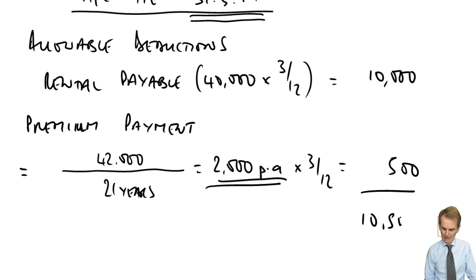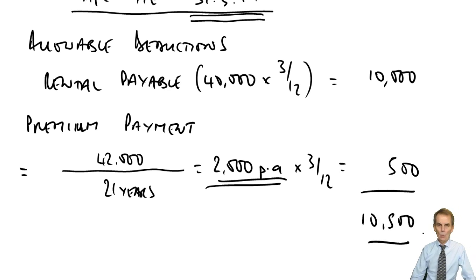So the total allowable deduction when working the trading profit for this lessee for his or her accounting year ended the 31st of March 19 is going to be £10,500. £10,000 of rental payable for that period and £500, therefore 3 months worth of what would be an annual trading profit deduction thereafter of £2,000.